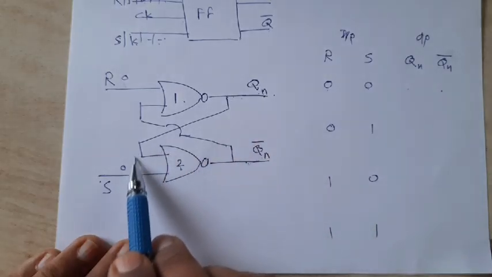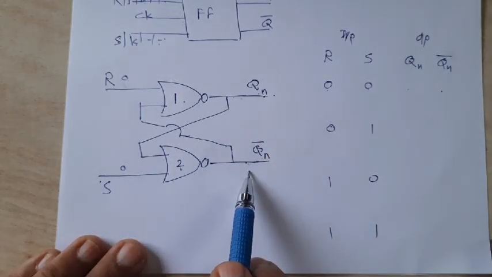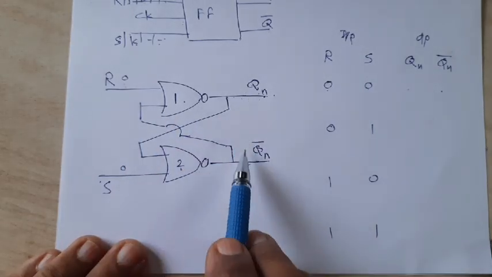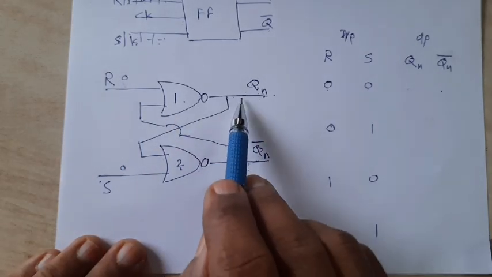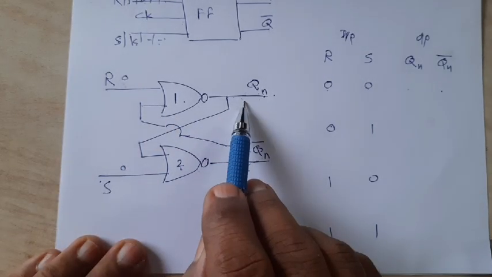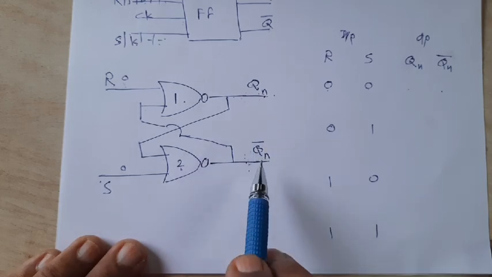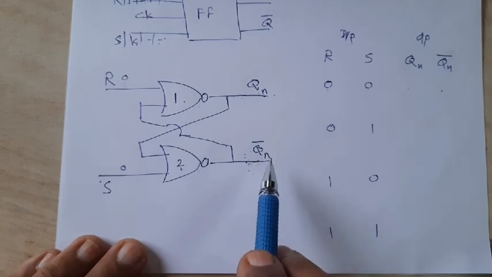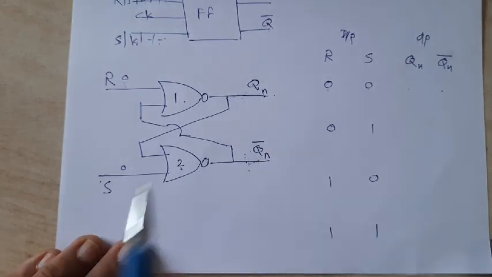And if it is 0, it is 1. As it is 1, it is 0, therefore it maintains the state. It maintains the state and it depends on the previous state. What is previous? Qn, that is Qn minus 1, previous.